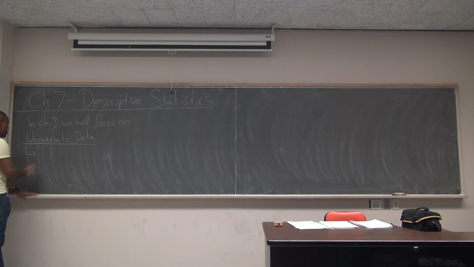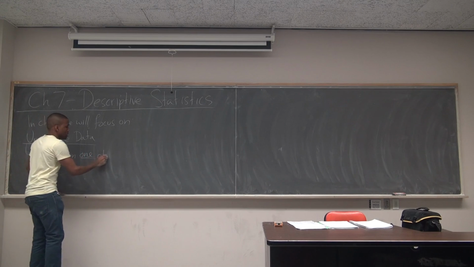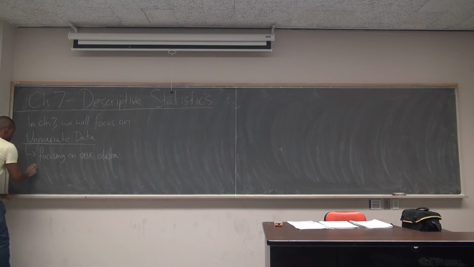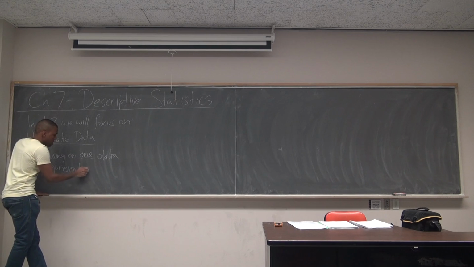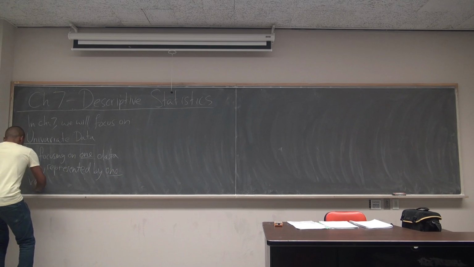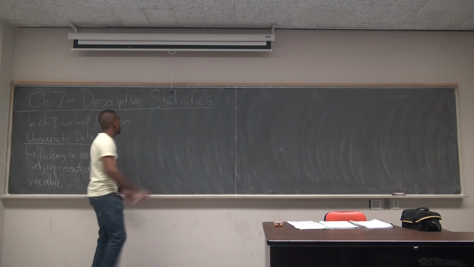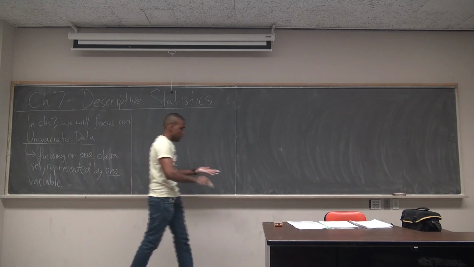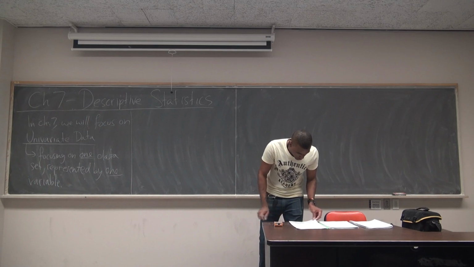This means focusing on one data set, represented by one variable. Basically we're looking at just one set of data about one thing. That's chapter 7. In chapter 8, we're going to start looking at several things at a time.